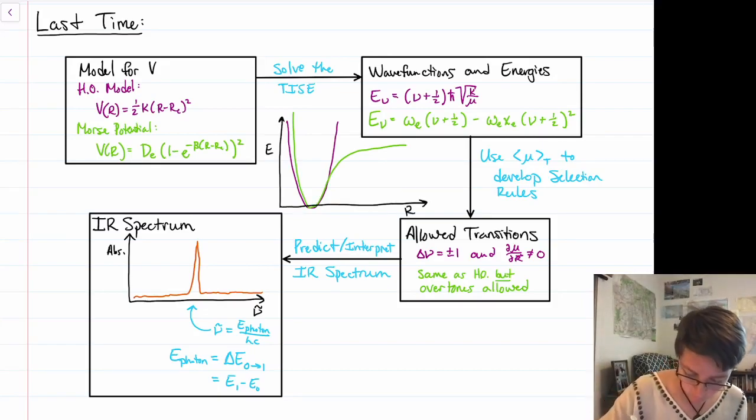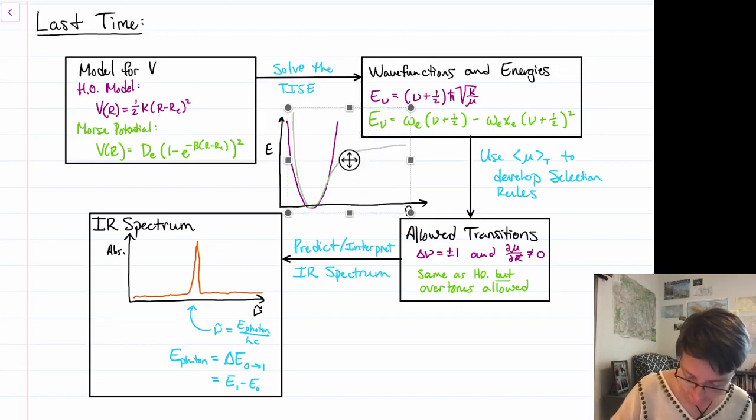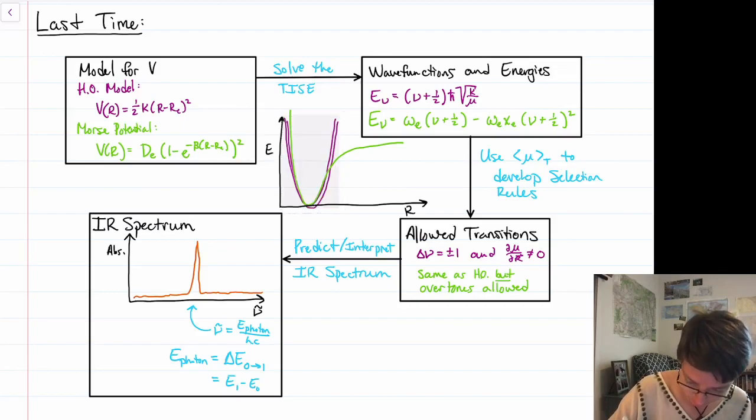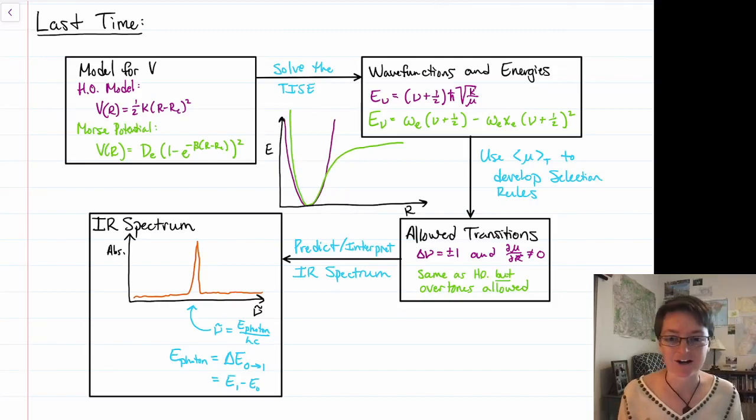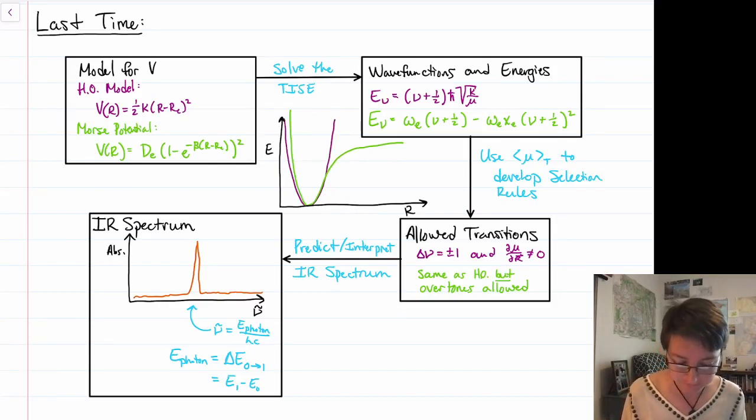Once we have this model for the potential in mind, now we can go ahead and undergo the process of solving the time-independent Schrodinger equation to describe this motion, not just in terms of our classical model, but in terms of a quantum mechanical model.